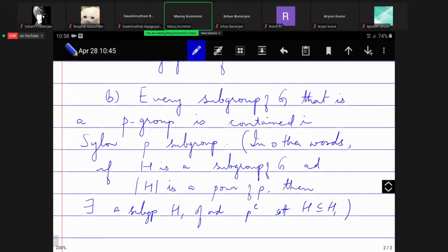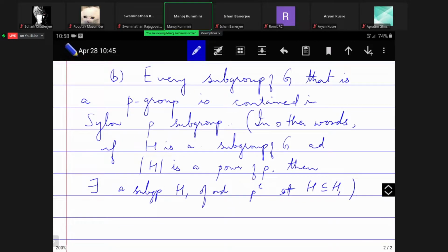The second says if you have any subgroup of G whose order is a power of p, then it is contained in a maximal subgroup of that order, which has order p^e. That is, H1 has order p^e.